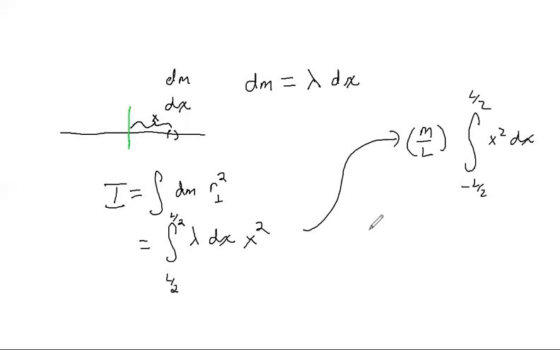So I have to do this integral, and I get M over L times x cubed over 3, evaluated between negative L over 2 and L over 2. When you do that, I end up with a factor of 1/3.